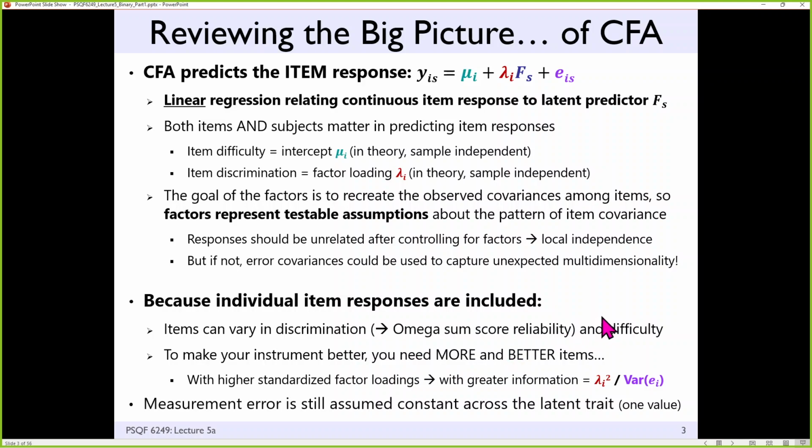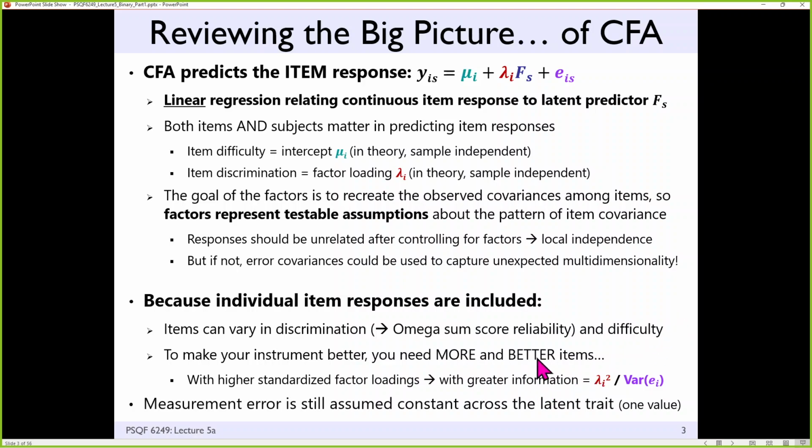And indeed, if you have an instrument that's very long and you wanted to make a short form, according to CFA, all you would need to look at is the loadings. You pick the loadings that are the highest, the end. Ideally, you would look at the content too, but from a psychometric point of view, just the loadings is all you need to know.